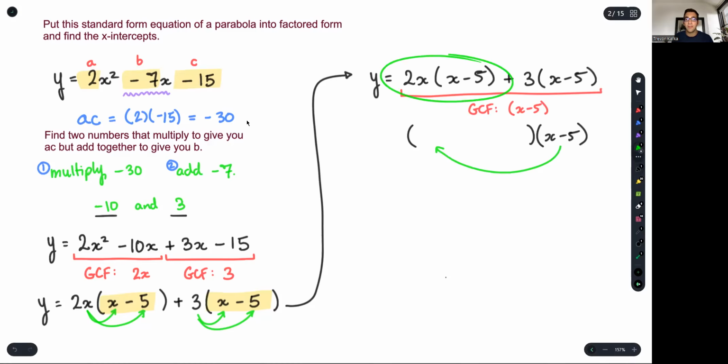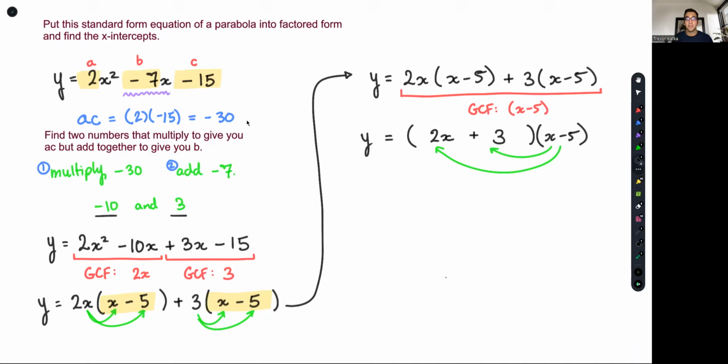Well, we can see it right there. The x minus 5 multiplied onto 2x. I'm going to write another y here as well. Then similarly over here we look, what needs to be multiplied over here? Well, that's just a 3. So we do plus 3. Once we've done this, this is technically factored. We are now fully factored.